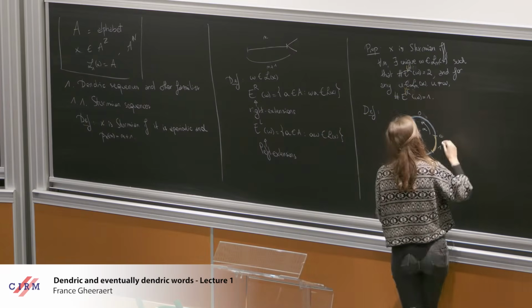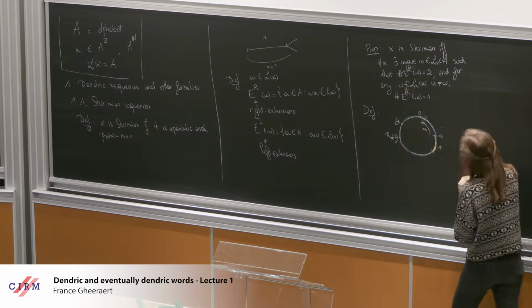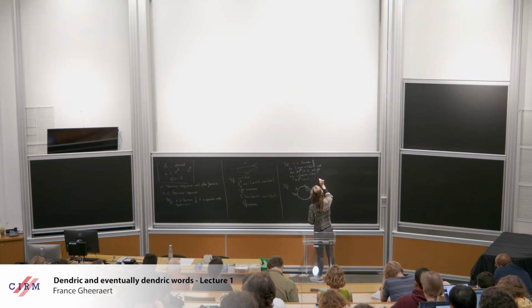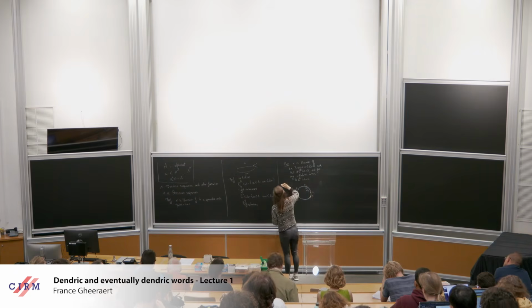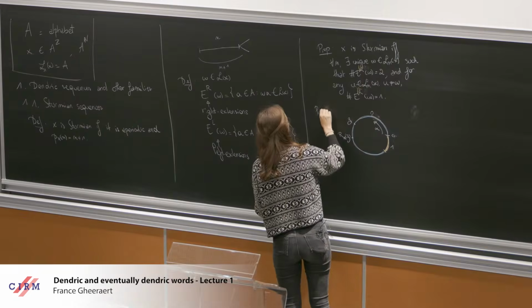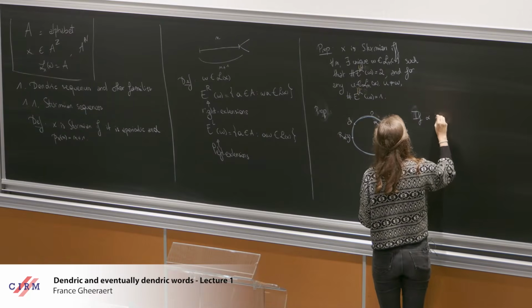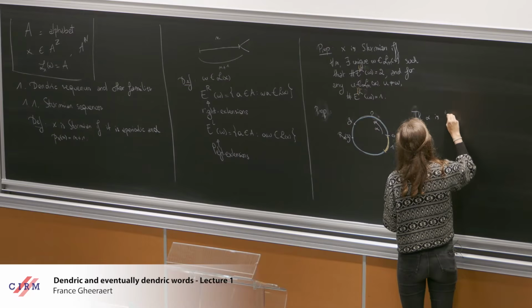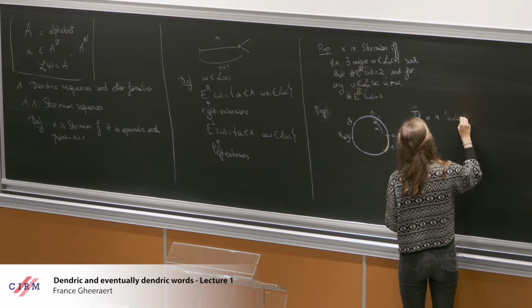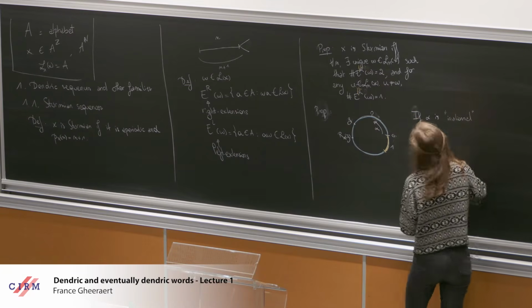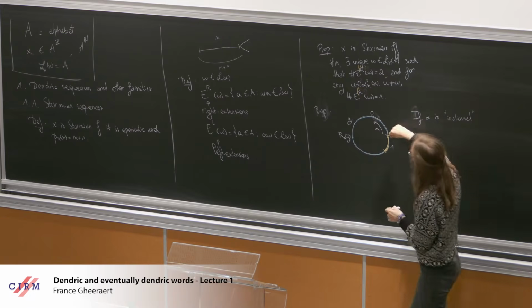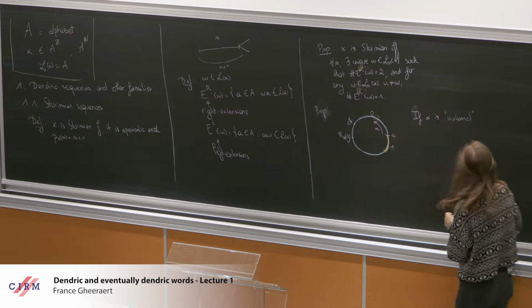And so this dynamical system is a rotation. And so this is actually not a definition, it's a proposition maybe, better. If alpha is irrational, but of course it depends on how you define alpha, if it's the angle or the length of the arc there.